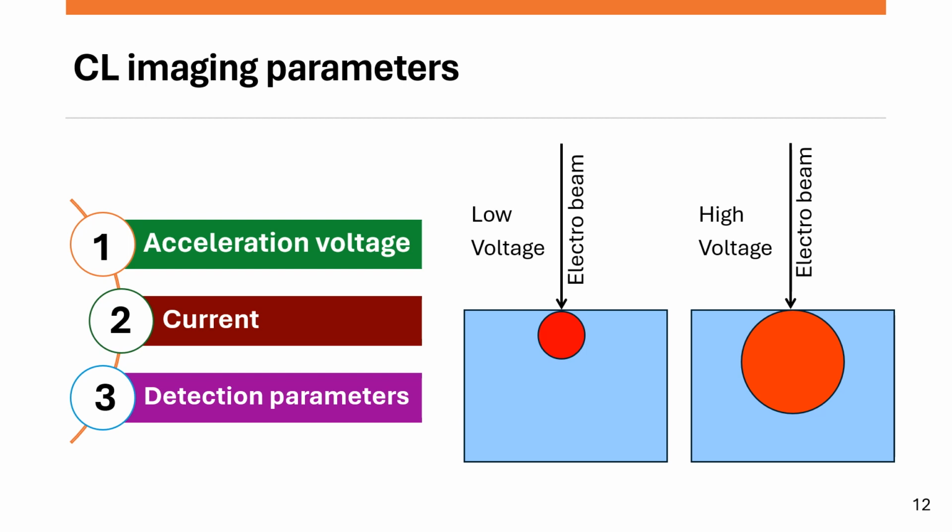It's true that spatial resolution will improve if we lower the current instead of raising it, and therefore the spot size also. But a lower current also means lower signal and more noise, so we would need a longer acquisition time to get enough signal. That's why we need to strike a balance between acceleration voltage and current.